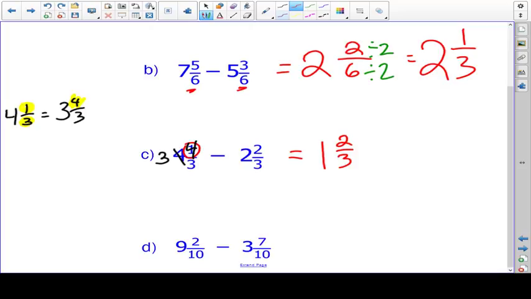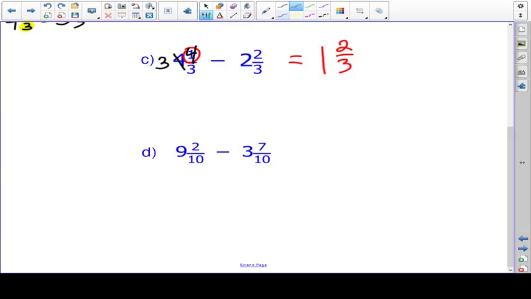One last question, then it's practice time. 9 and 2/10 minus 3 and 7/10. So I can't take 7 away from 2. So I'm going to have to borrow, make this an 8. I'm going to add 10 to the 2. So that's going to make 12/10.